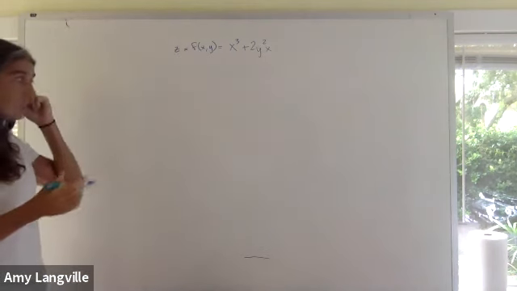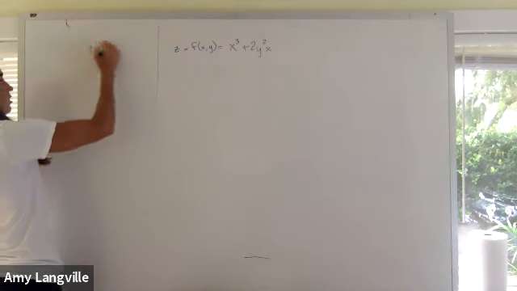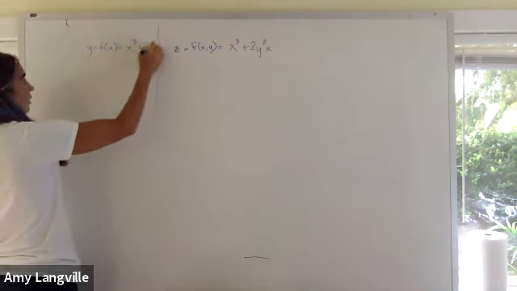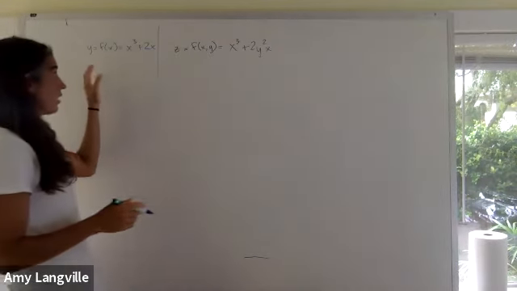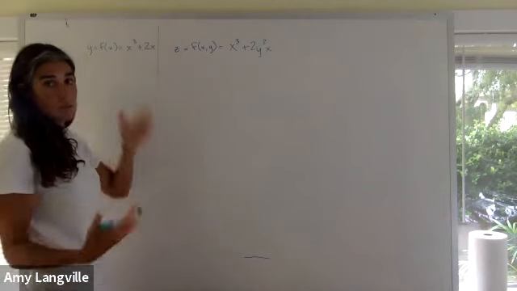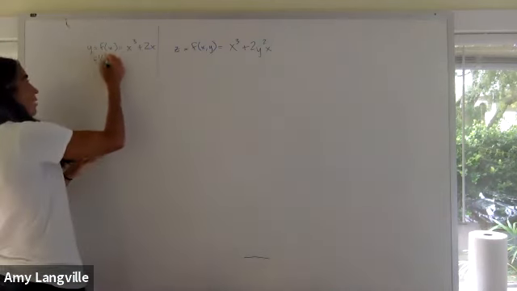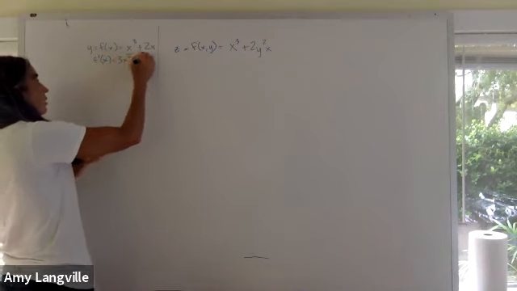Okay, and so again, back when life was simpler, we had y was a function of x, and maybe it was given by x cubed plus 2x. And so it was simple over here when we said take the derivative. There was only one variable to take the derivative of, and so we would say f prime of x, and we have all these different rules. These are just some nice power rules and a linear rule.